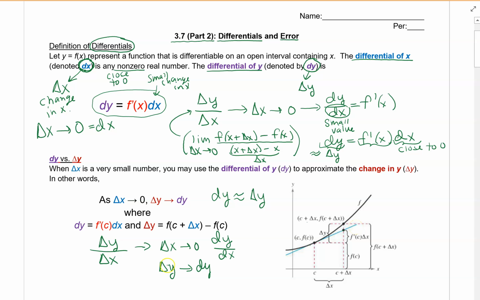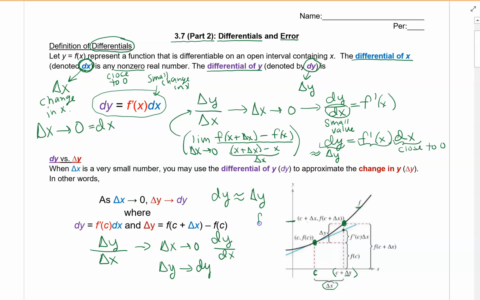So when we talk about delta y, the change in y, we're saying if you were to take two distinct points on the graph of f. So let's say this curve is the graph of f. I have one x value at c, but then I add a little change in x, and I get a new x value of c plus delta x. Plug that in.